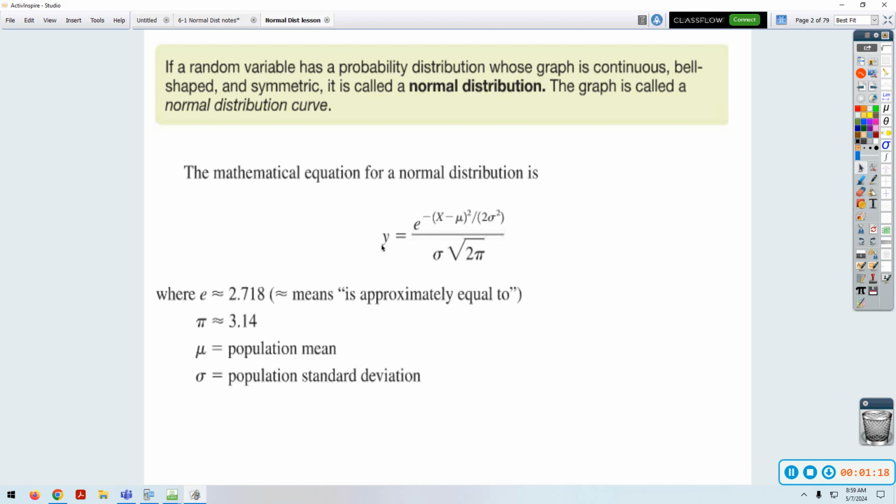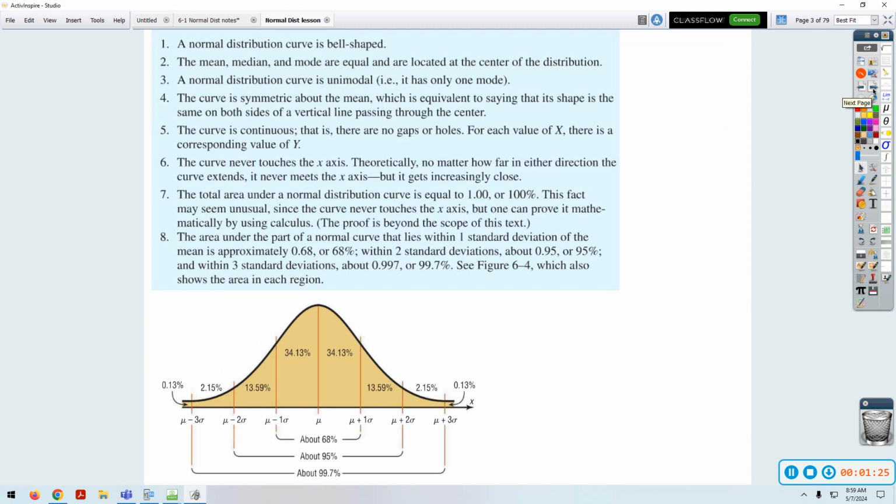So what does a normal distribution look like? If you go back to the day we did Chapter 3, I believe on the top of page 142, it had this picture, and it talked about what we called the empirical rule, 68, 95, 99.7.